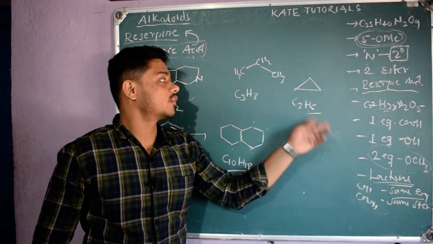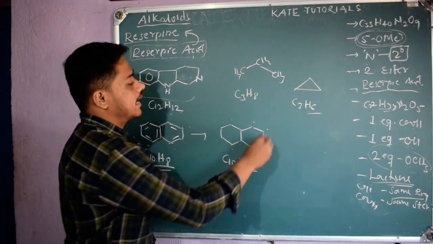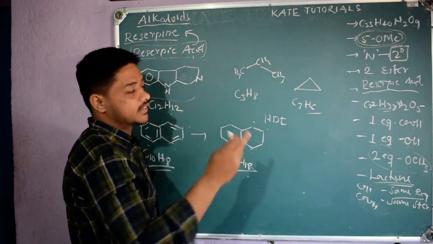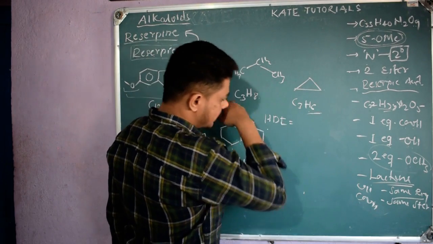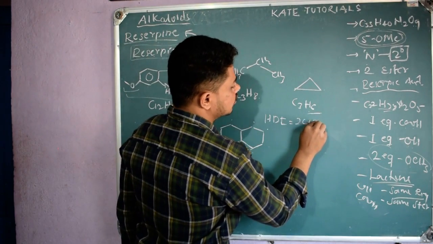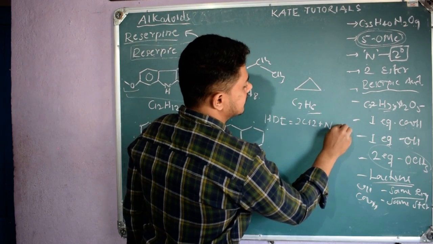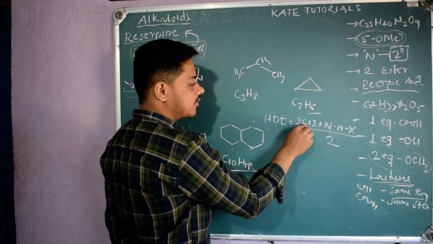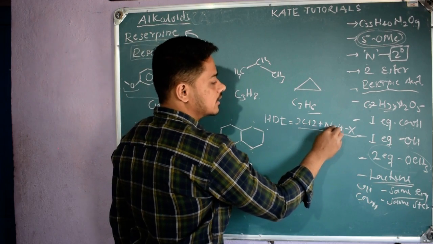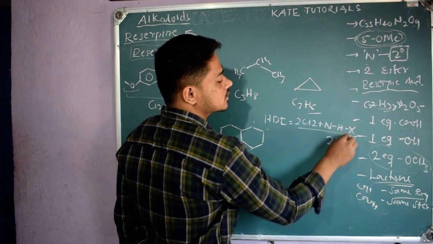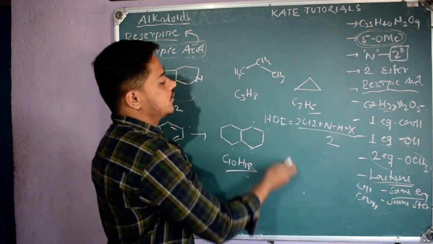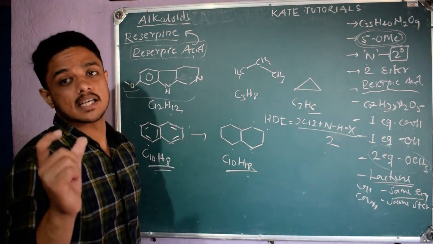So there is a formula called the hydrogen deficiency index, because there is a deficiency of hydrogen, and the formula is (2C + 2 + N - H - X) divided by 2, where C is the number of carbons, N is the number of nitrogens, H is the number of hydrogens, and X is the number of halogens. Whole divided by 2, we get how many hydrogens are deficient.